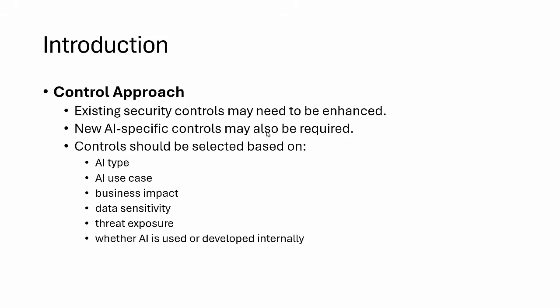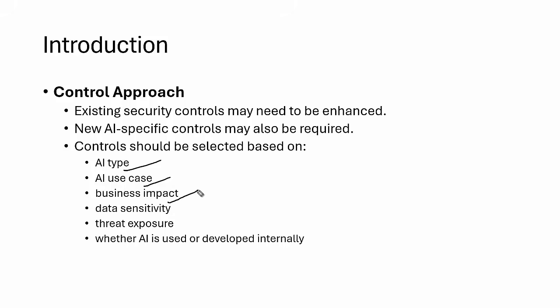So we need to see whether the existing security control is enough or we need to enhance it. So we have to start with the gap assessment. Control should be selected based on the AI type. That's the primary thing. What kind of AI do you have? What kind of use case do we have? For example, if I'm using a chatbot for a basic user, we need fewer controls. If we are using a chatbot for a patient analysis report, we need more controls.